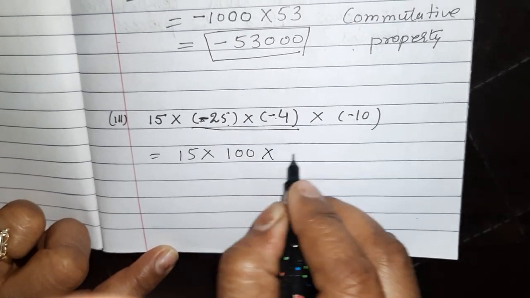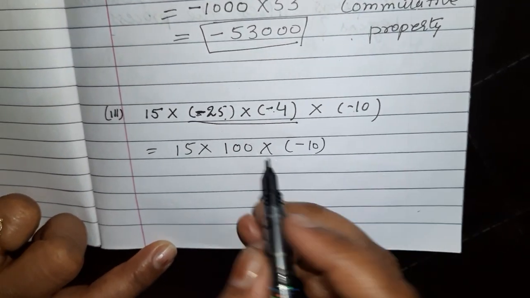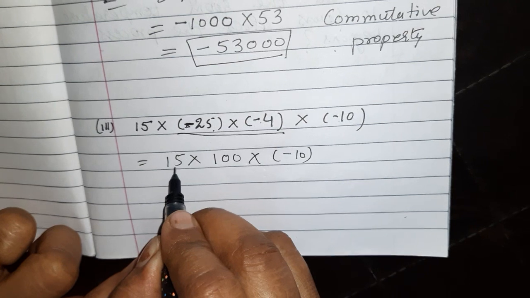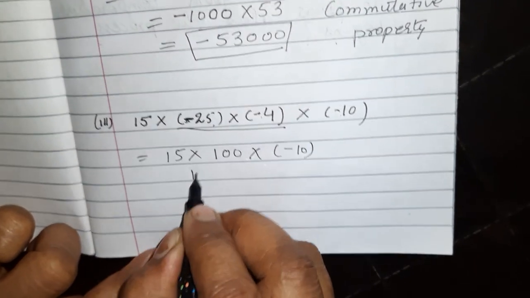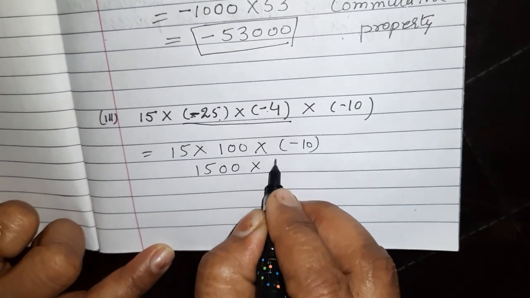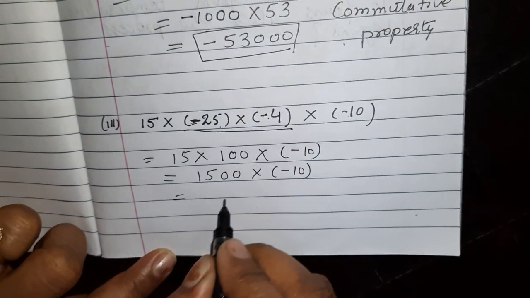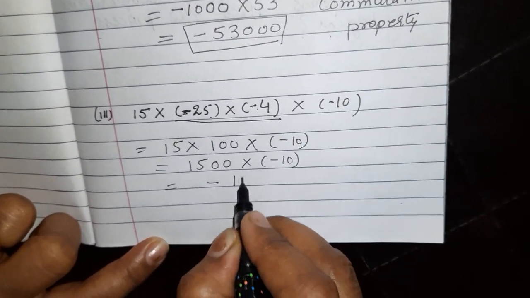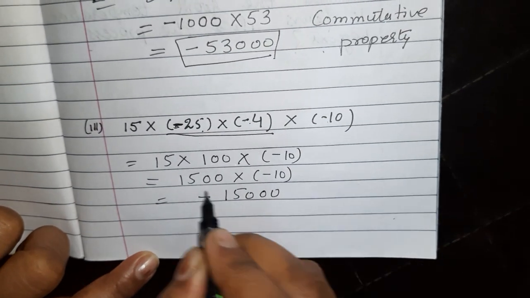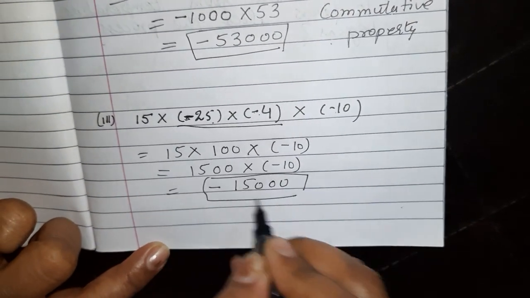Now here it is minus 10. So simple, 100 multiplied by 15, how much is it? 1500 multiplied by minus 10. Now minus and plus, what answer will you get here? Minus. Now your answer is minus 15,000.